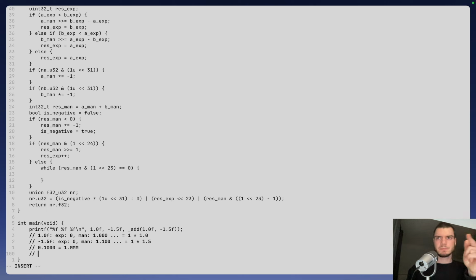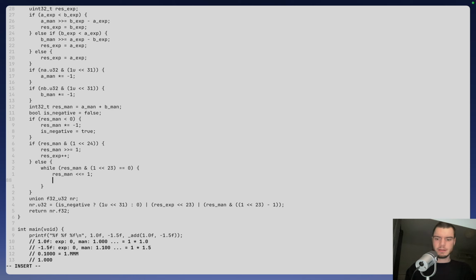So we need to account for that by decrementing our exponent. So after 1 iteration, for example, for this value, we would be at 1 point and then 23 zeros. And our exponent would be decremented by 1 to account for that. So let's try to do that. We're going to shift our mantissa to the left by 1 and decrement our exponent.